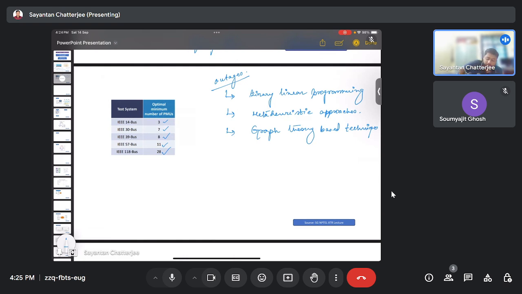For the first purpose we need to have knowledge of integer programming based techniques, but various metaheuristic techniques include the genetic algorithm.